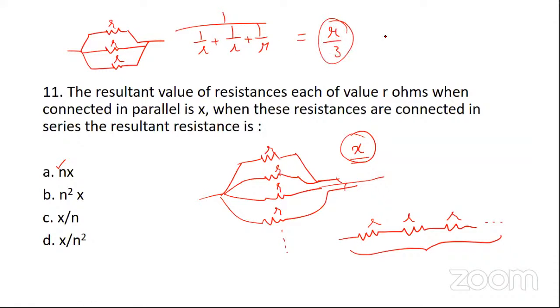This is given as X. Now when we connect all of them in series, then the resultant will come out to be 3R. So how much larger is 3R than R by 3? It is 9 times, right? So we can say that it is n squared times the value of that in parallel.